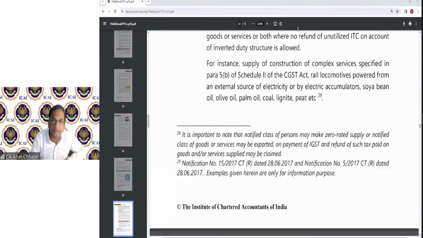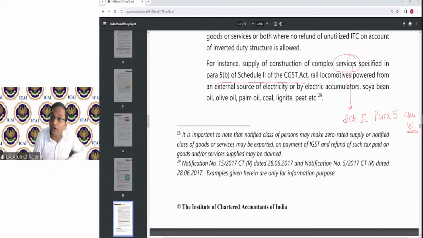In this case, for services, they have issued a notification and covered Schedule 2 Para 5 Clause B: construction services. Construction of a complex, building, civil structure or a part thereof intended for sale to the buyer either wholly or partly. Remember Schedule 2 Para 5 Clause B.